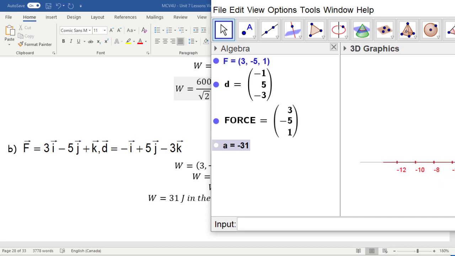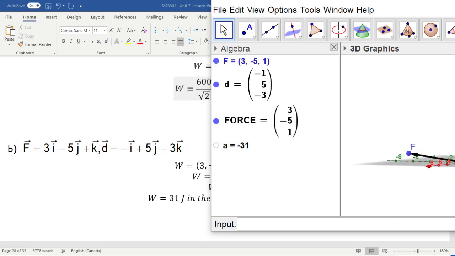Now, why is it giving me a negative? Well, think about it this way. If the displacement of the object is going in this direction, but the force is pulling in this direction, the work is actually resisting.